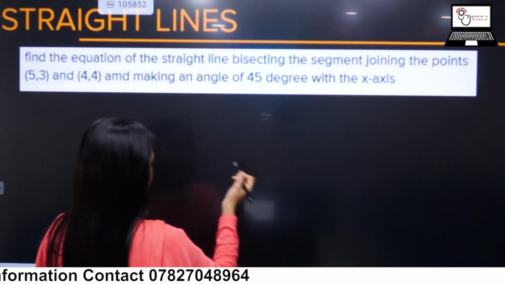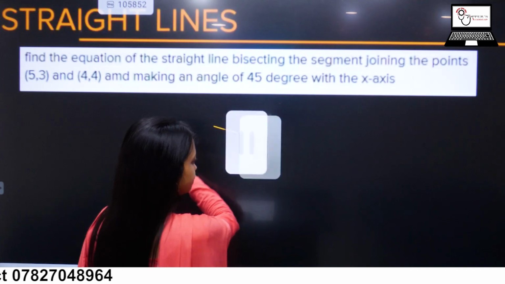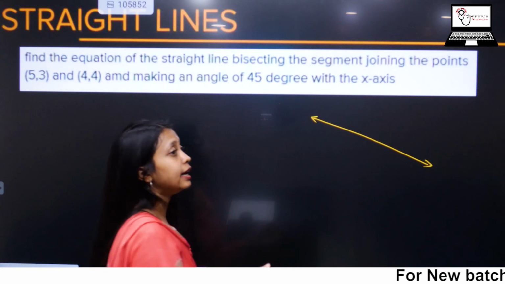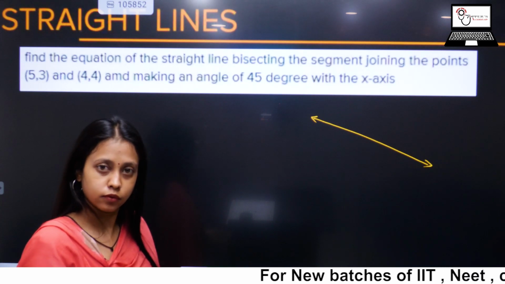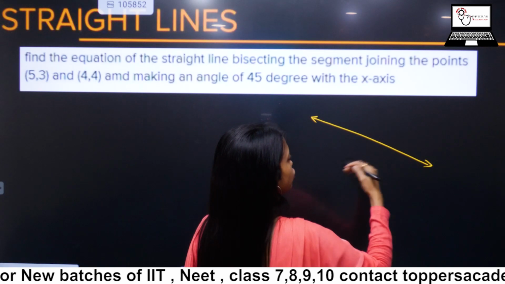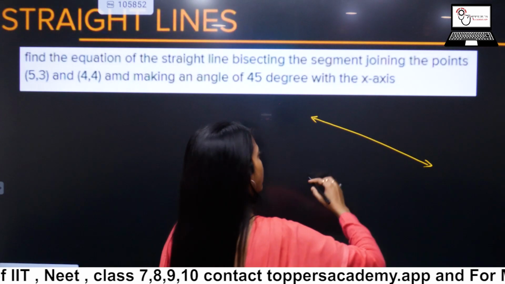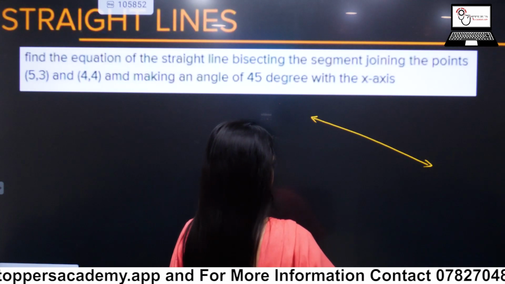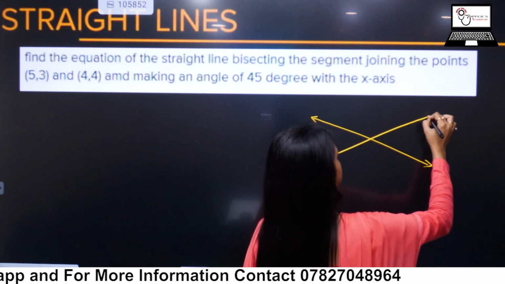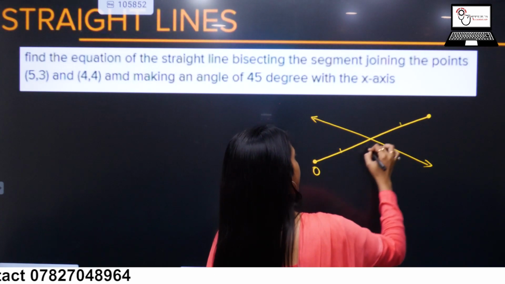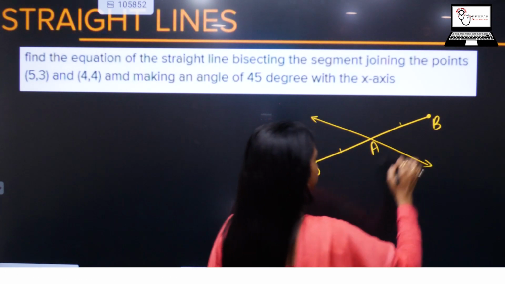Maybe this is the line L that I want to find the equation of, and it is bisecting some other segment. Bisecting means OA is equal to AB.